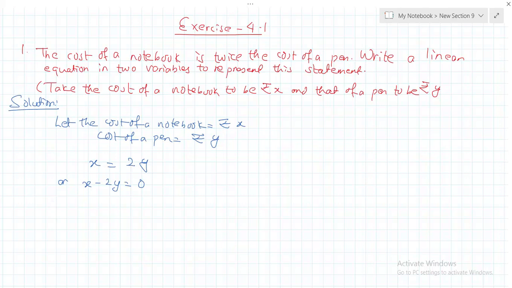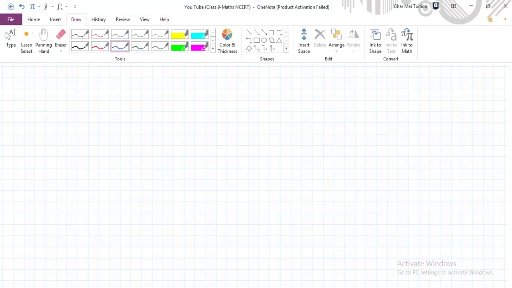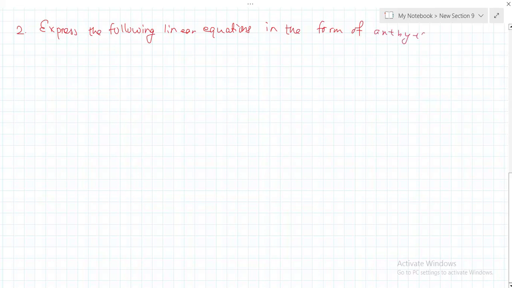Okay, now let us move to number 2. Express the following linear equations in the form ax plus by plus c is equal to 0 and indicate the values of a, b and c in each case.